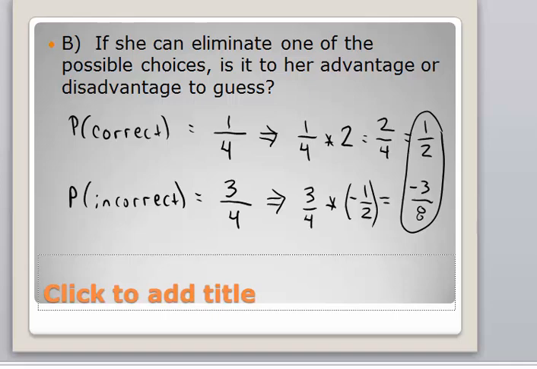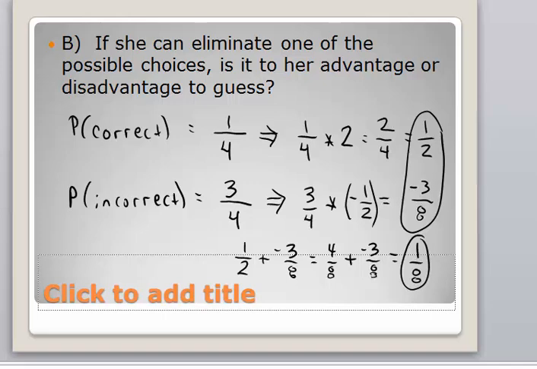So we're going to have 1/2 plus -3/8. You can either do this on your calculator or you can find a common denominator. You could rewrite the 1/2 as 4/8. We know that 4 is half of 8. And then add the -3/8, which is going to give you an answer of 1/8 for your expectation.